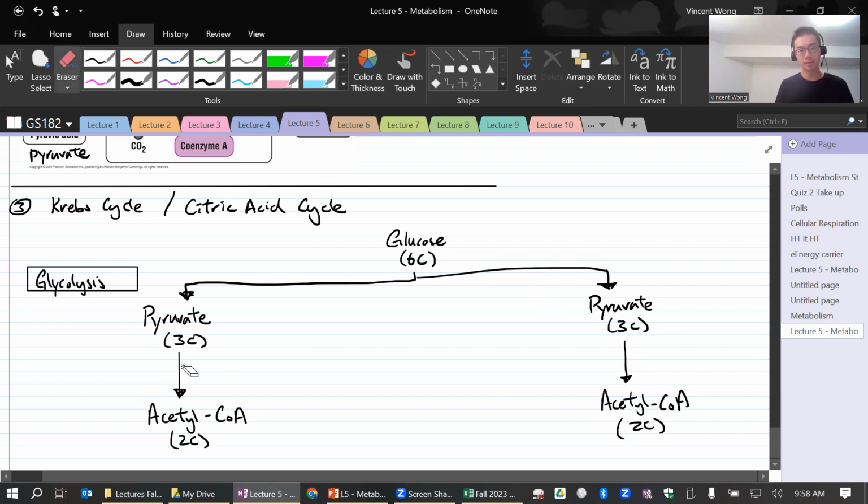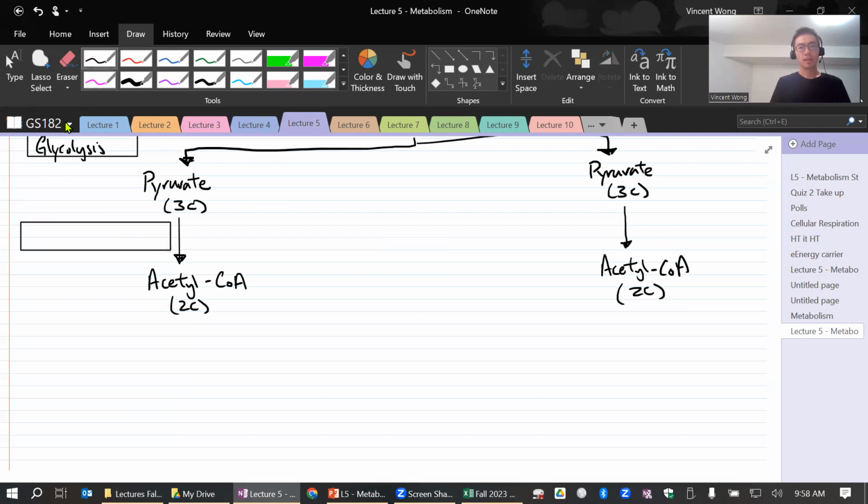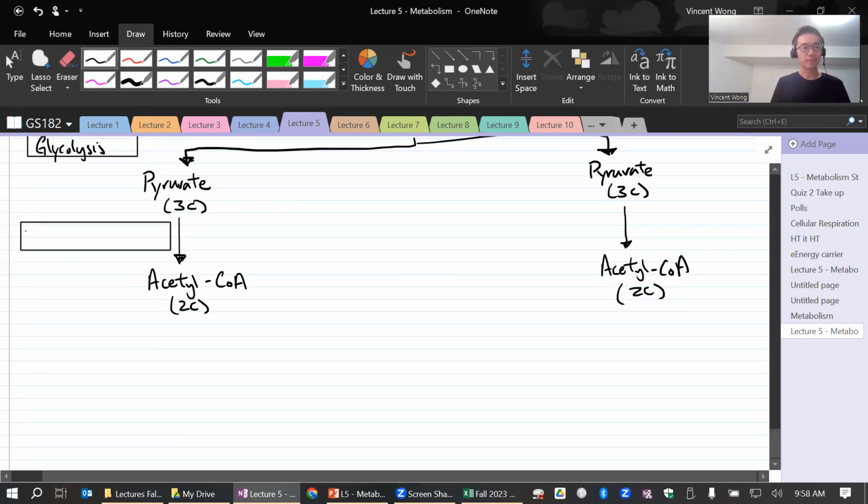Why? Because, you know, carbon dioxide came out. So this is the second step, right? Pyruvate oxidation.